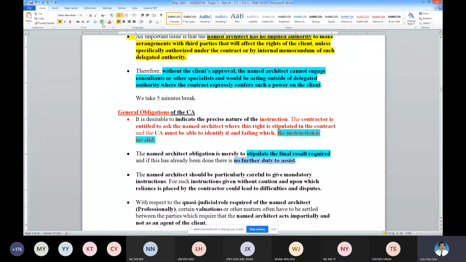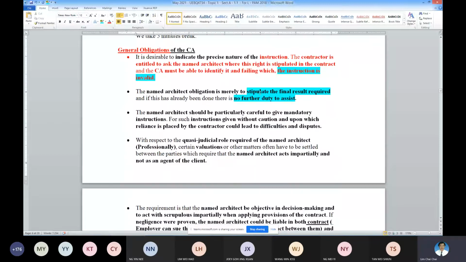If, let's say, a project that the contractor must produce grade 80 concrete. If the contractor tender and then they cannot get grade 80, this is the contractor's problem. Okay, so the contractor must find ways to get grade 80. Okay, this is what it means here. Stipulate the final result means grade 80 concrete for the column. Okay, if you cannot get it, too bad.